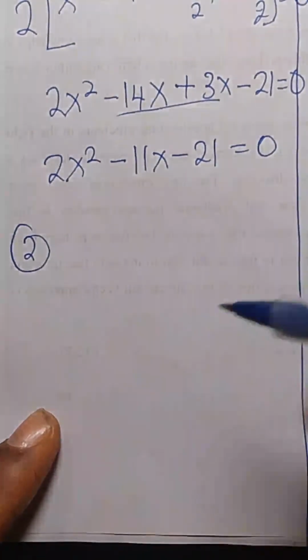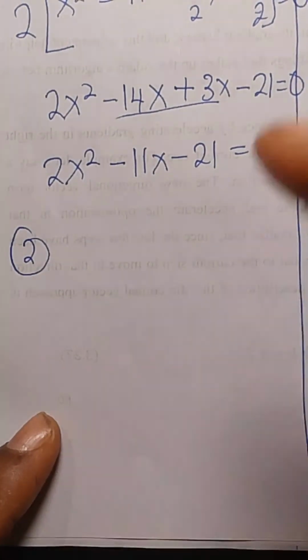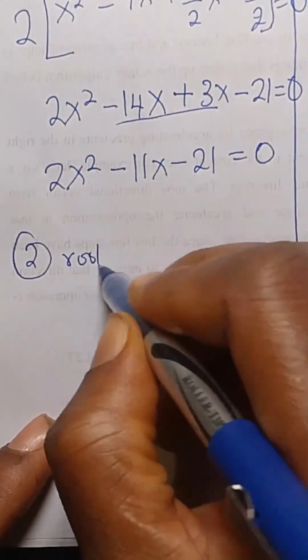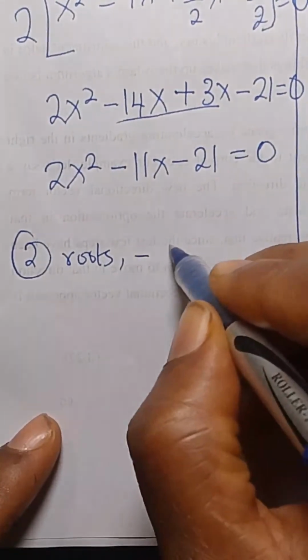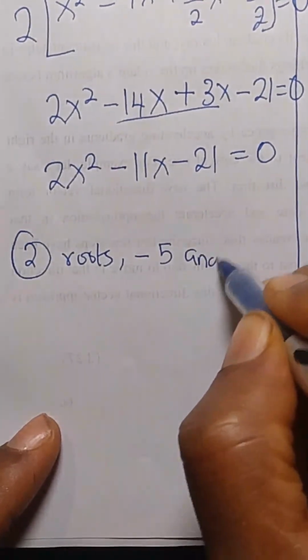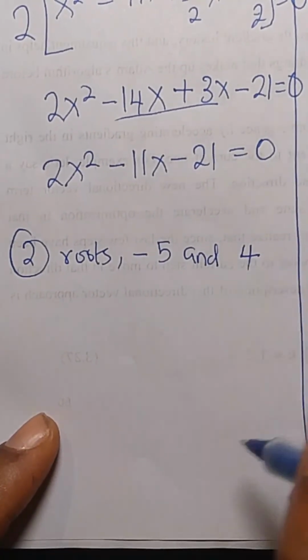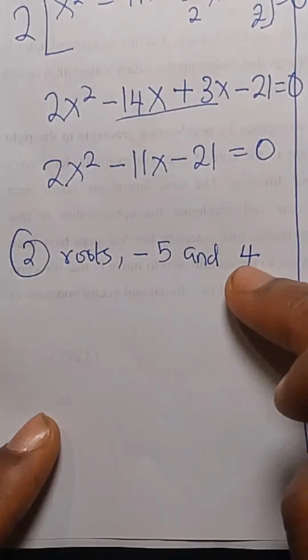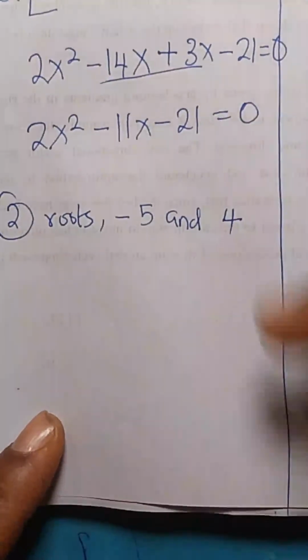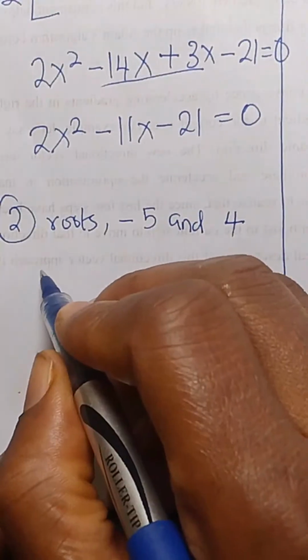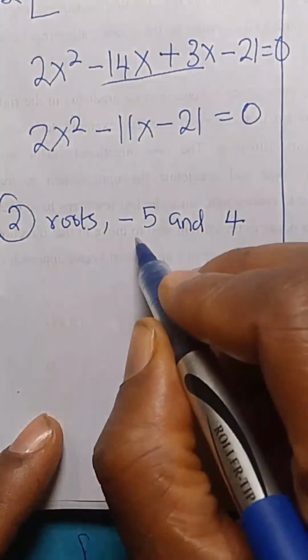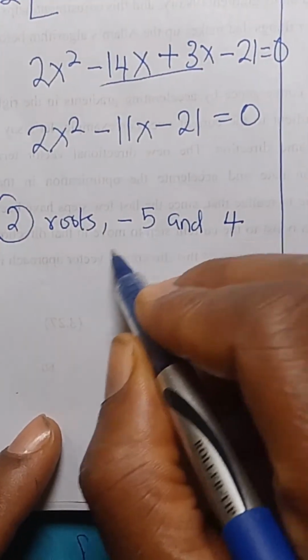The question says construct a quadratic equation given the roots. The roots given in the second one are minus 5 and plus 4. We are asked to form a quadratic equation using these roots. First thing we are going to do is subtract each root from x.